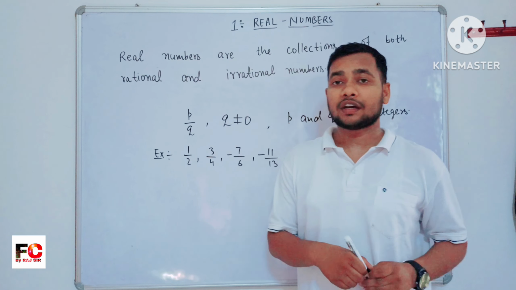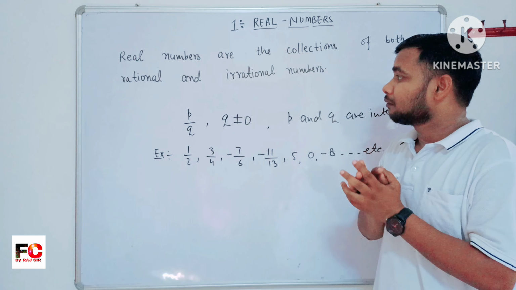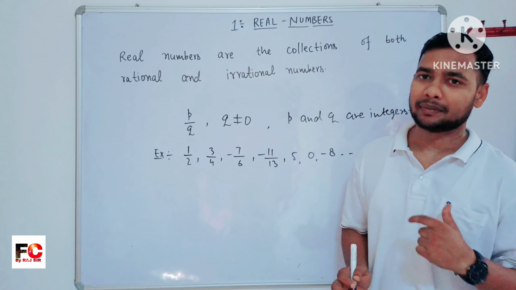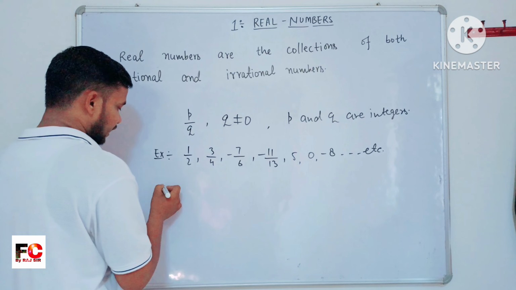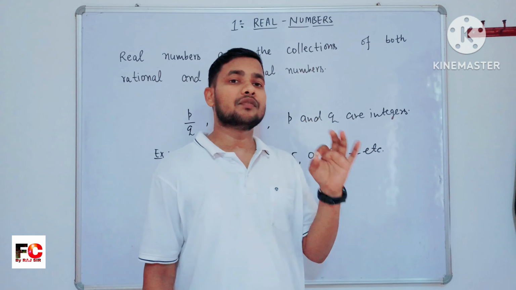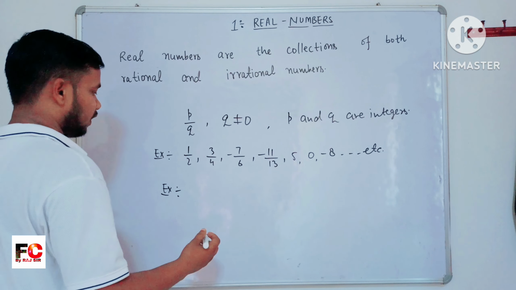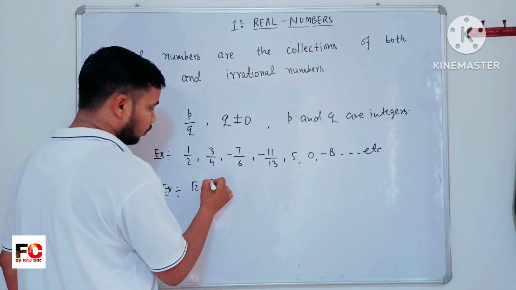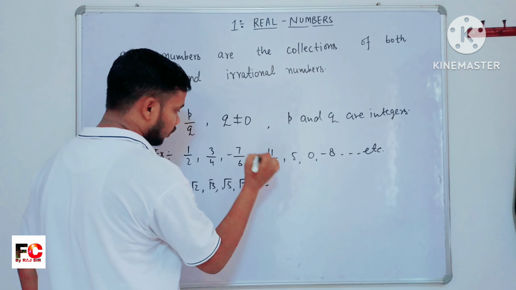What is an irrational number? An irrational number is any number that we cannot write in the form p by q. Examples of irrational numbers are those numbers for which we cannot find a perfect square root: for example root 2, root 3, root 5, root 7, and so on.